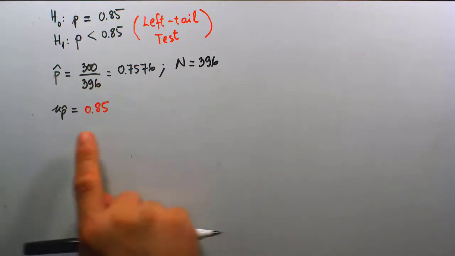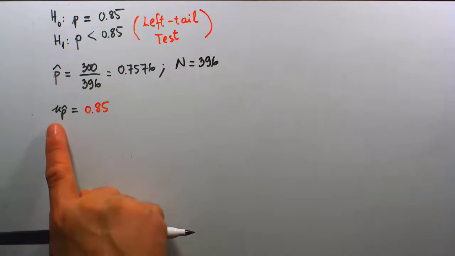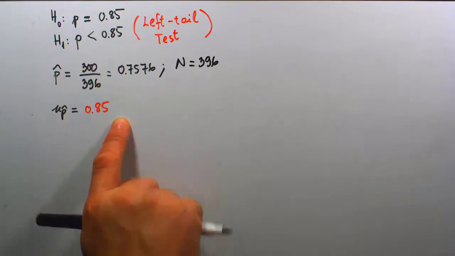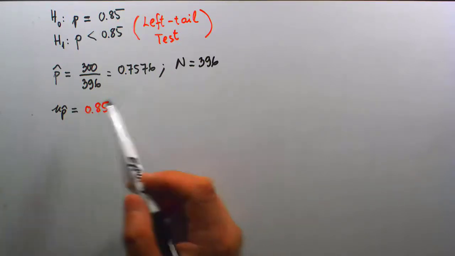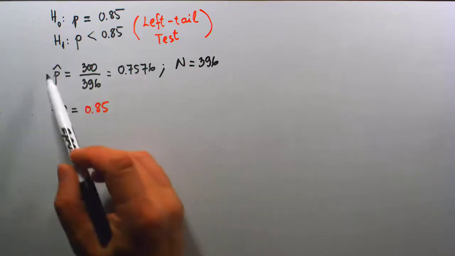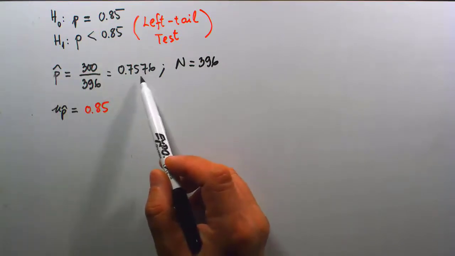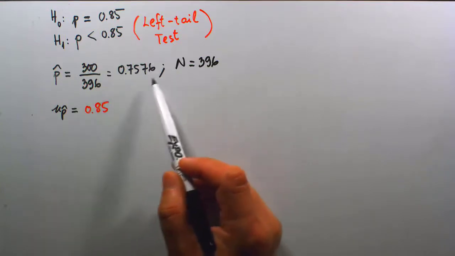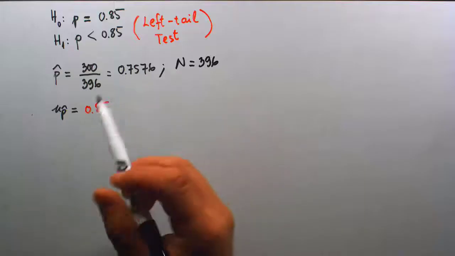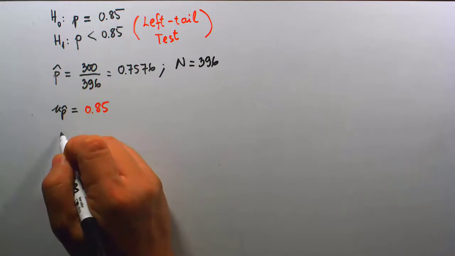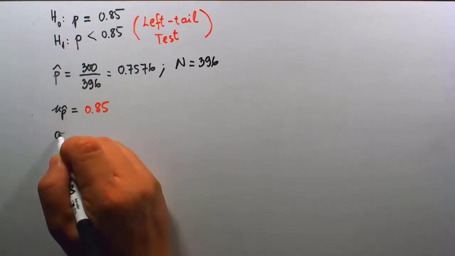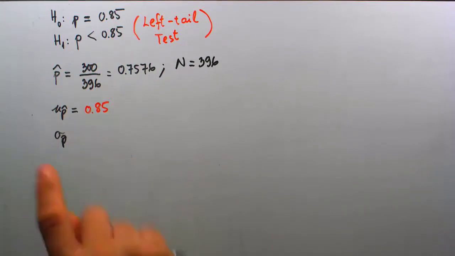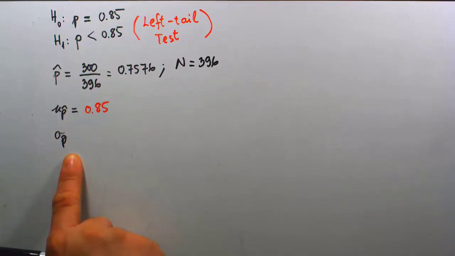But now, taking the fact that our mu p hat equals 0.85, with our p hat value here being 0.7576, but only one sample among infinitely many other samples, there will be an average spread of all sample p hat out there, and we symbolically refer to that as sigma p hat.